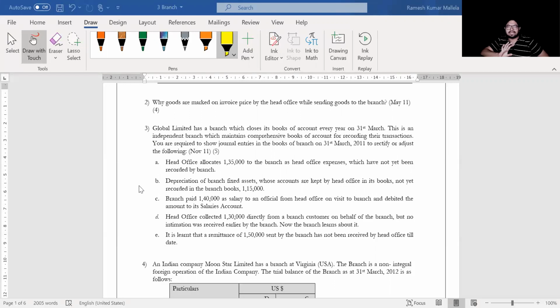As I told you yesterday in the class, always the receiving party is the one who is supposed to account for it. Generally, it is assumed that the sender or the initiating party would have already recorded it. In this problem, the head office has allocated 1,50,000. It has incurred it, but it is not recorded in the branch books. That's the problem. That means in the branch books, I'm supposed to write an entry.